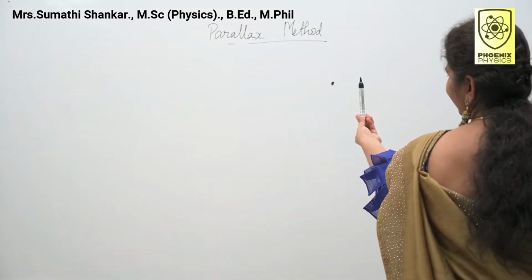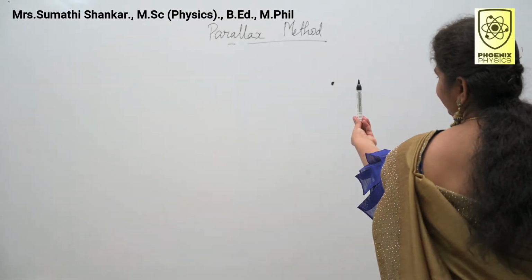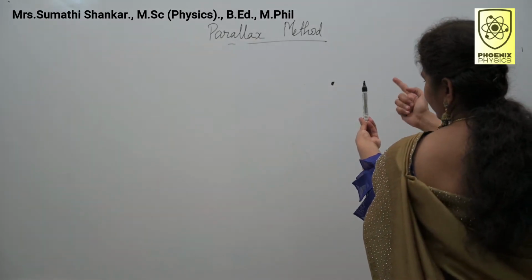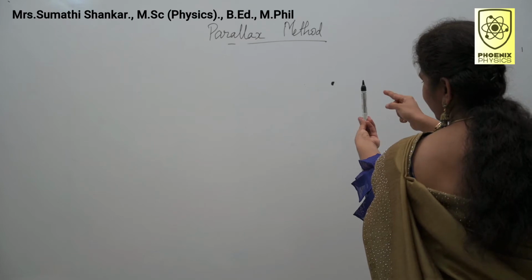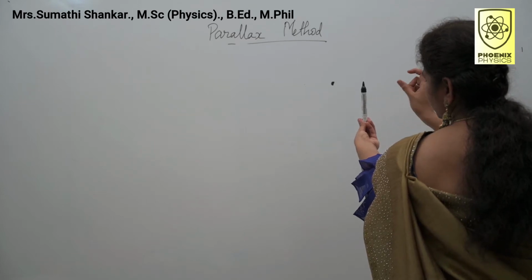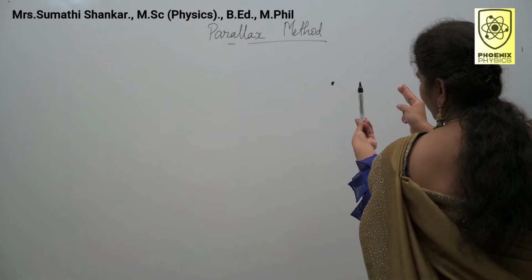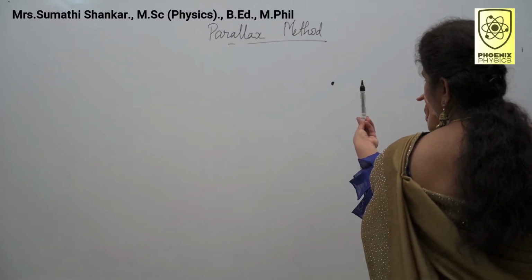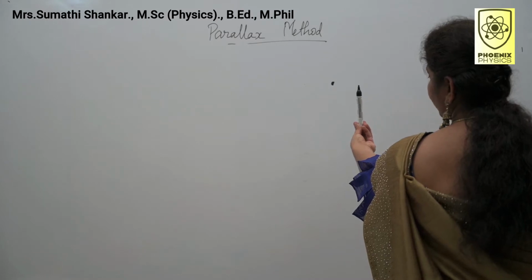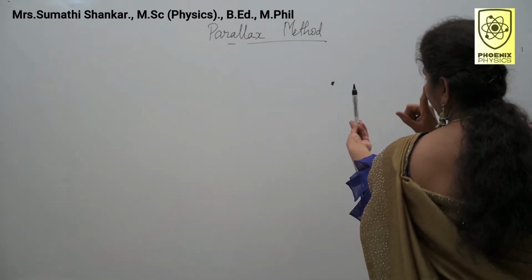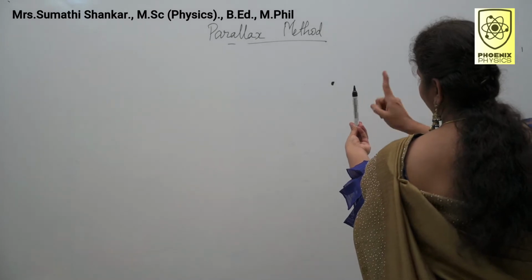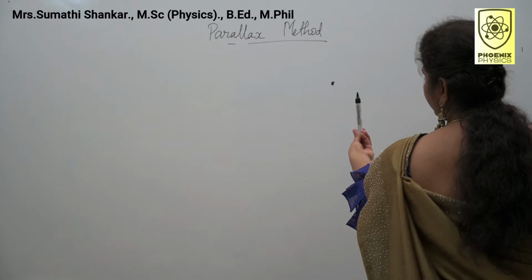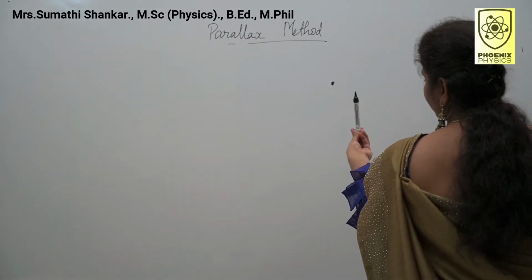When I close my left eye and look at the object, my marker, through my right eye, the object shifts towards the left. When I close my right eye and look at the object through my left eye, the object shifts towards my right.